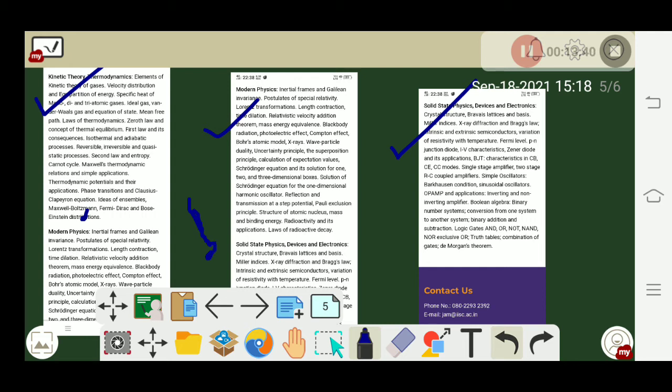We'll get a problem from here, mainly Fermi energy type problems. Yes, that may come. Then Maxwell-Boltzmann, Fermi-Dirac, and Bose-Einstein distributions. For kinetic theory and thermodynamics, just follow one book, Garg-Bansal-Ghosh. I followed that. Now let's go to modern physics, one of my favorites.